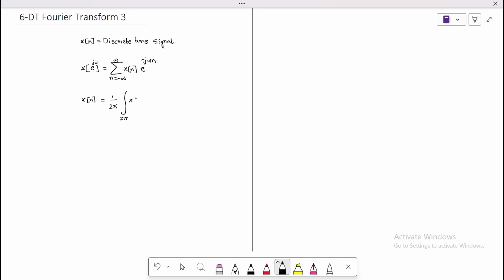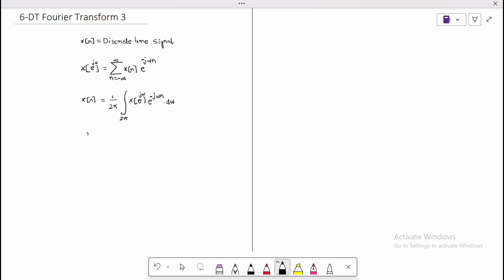So X of e power j omega into e power j omega n with respect to d omega. So these are the discrete time Fourier transform pairs.